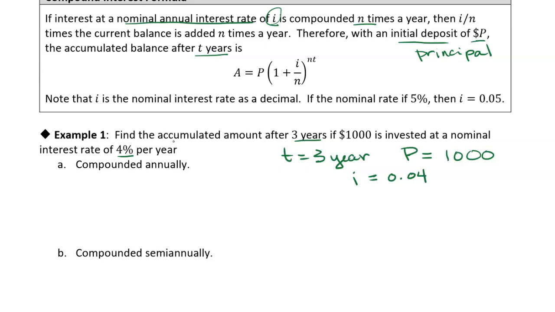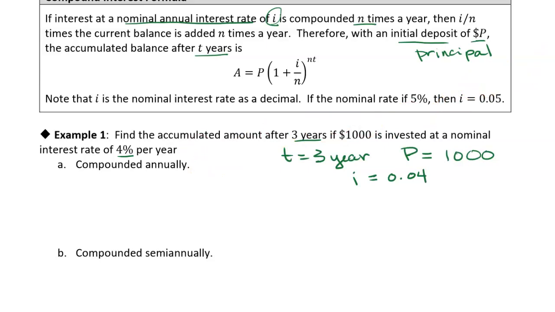So we've got P, I, and T. Now we're varying the value of N. We're going to look at how this money grows depending on the compounding period.